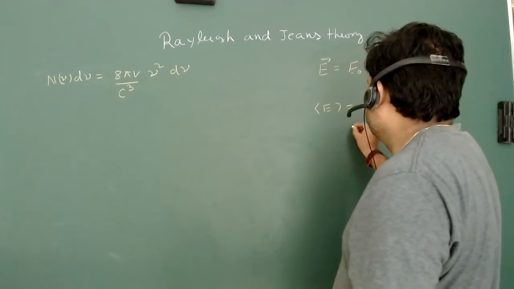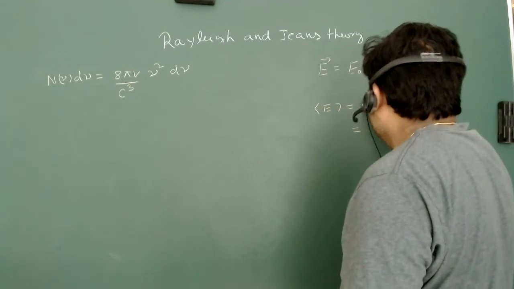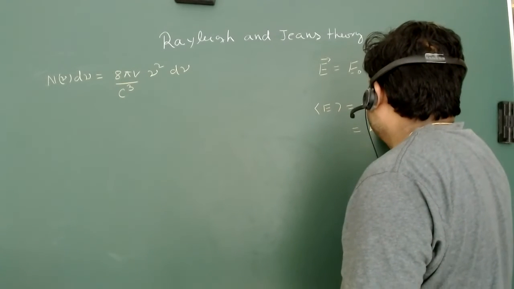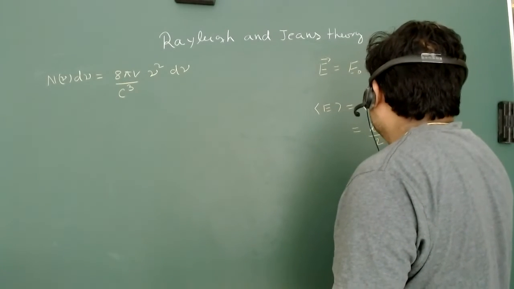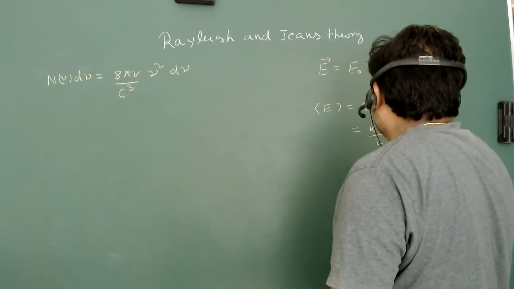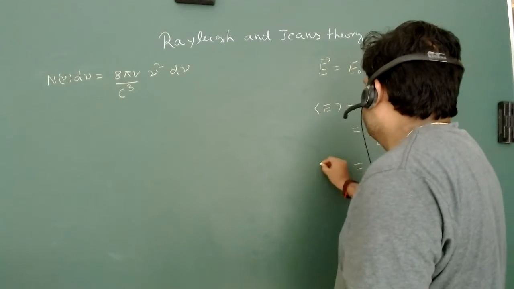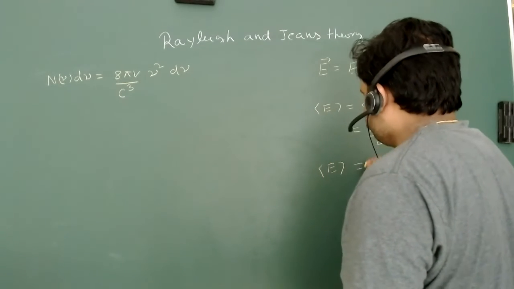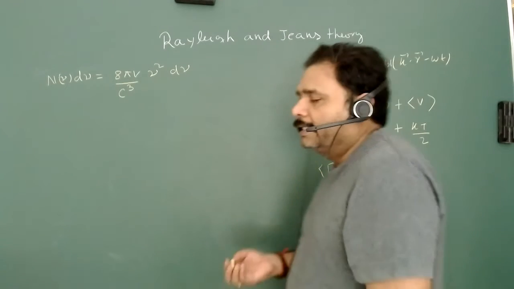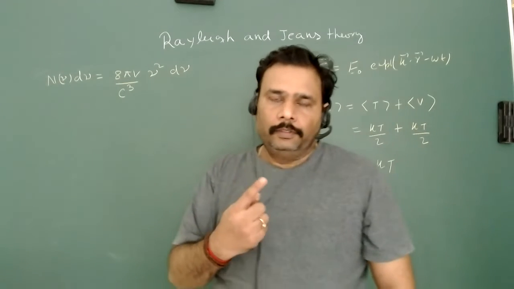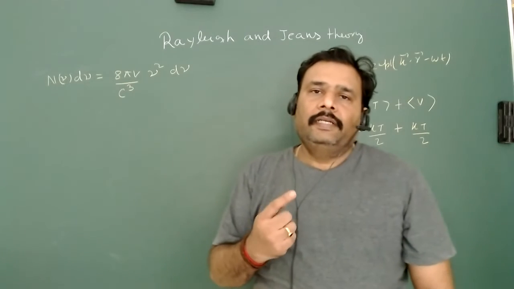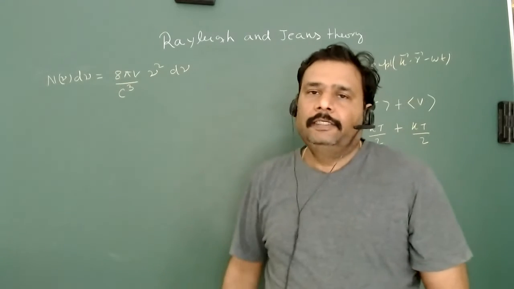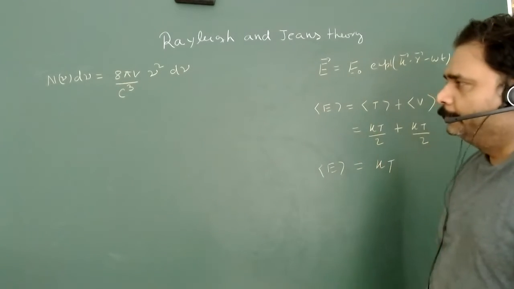So we include kT by 2 for kinetic and kT by 2 for potential. So the average energy of a harmonic oscillator is equivalent to kT. And now he says that each and every mode has an associated thermal energy equivalent to kT.